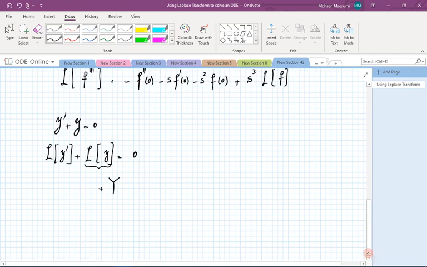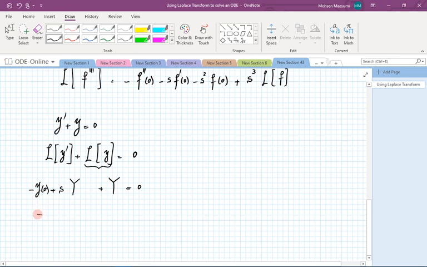So this becomes minus initial value of y plus s times the Laplace transform of the function y itself. So that becomes equal to 0. Well, in this problem, this y0 is given to us, so we can replace it by its value now or later on as you like, and these two terms can be factored.